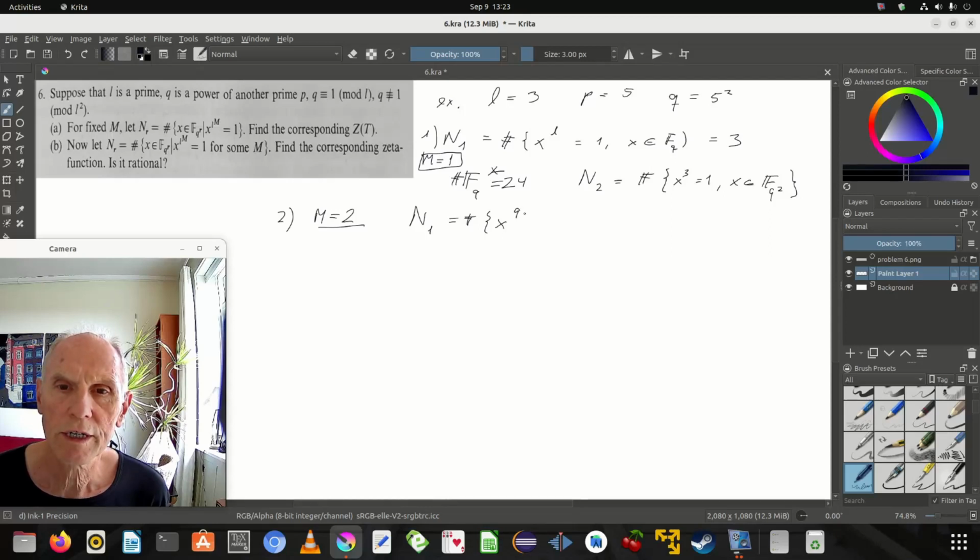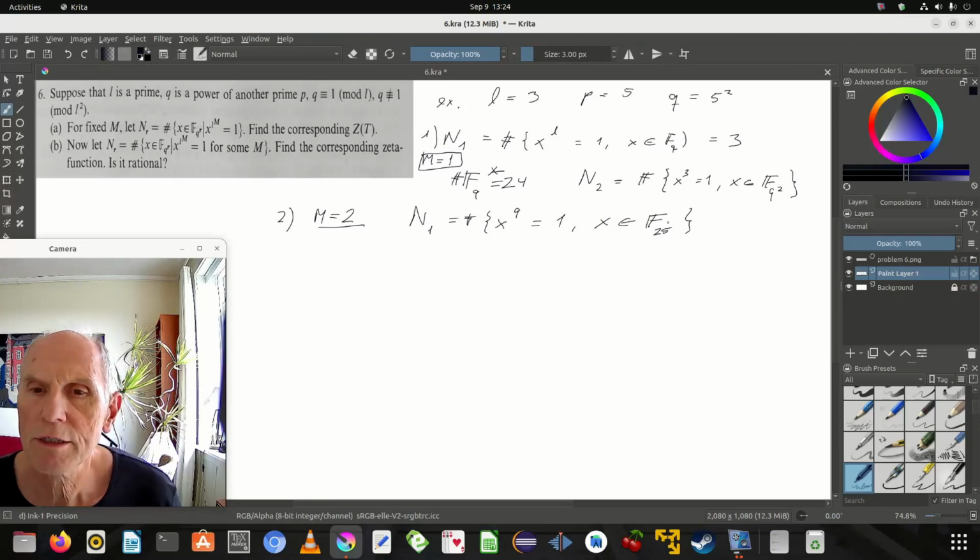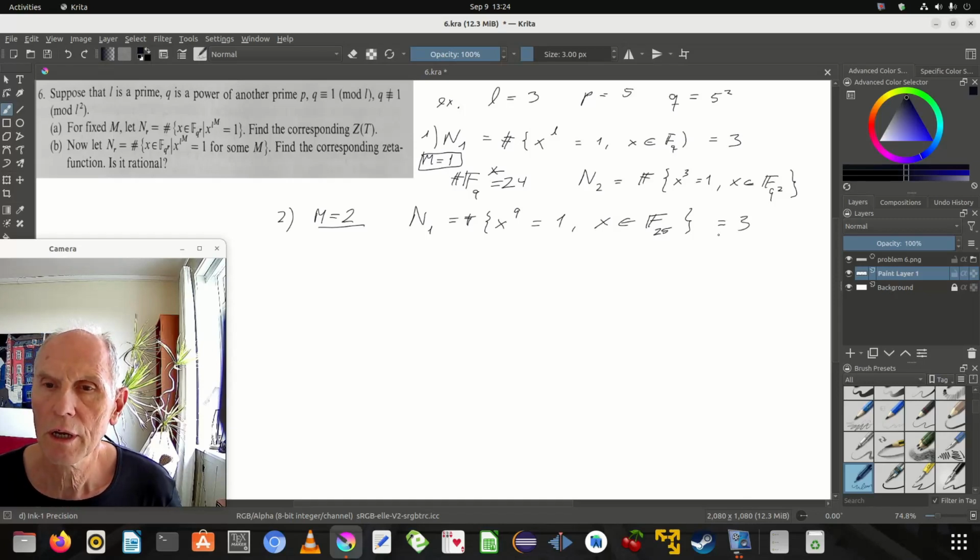That's X to the 9th equals unity, X an element in F25. And 24 is the order of the multiplicative group, so that's 3 again.